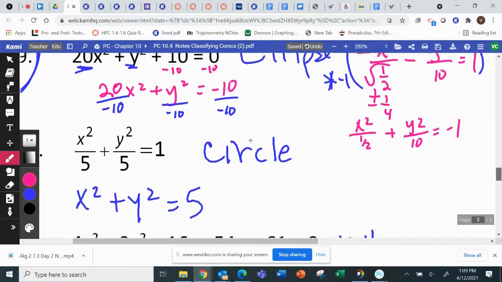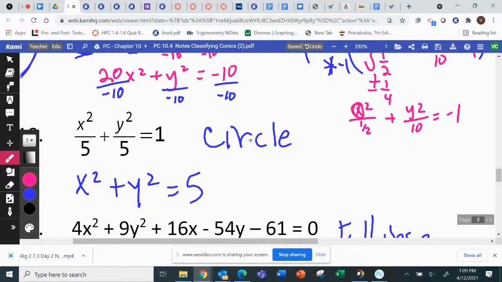If I square any number at all, it always equals a positive. Then I divide that number by a half, it's still positive. Divided by 10, still a positive number. How am I going to add two positive numbers together and equal -1? It's not possible. That's why this one secretly is not a thing at all. This equation could never possibly work, unless we have imaginary numbers, and then we wouldn't have a conic either.